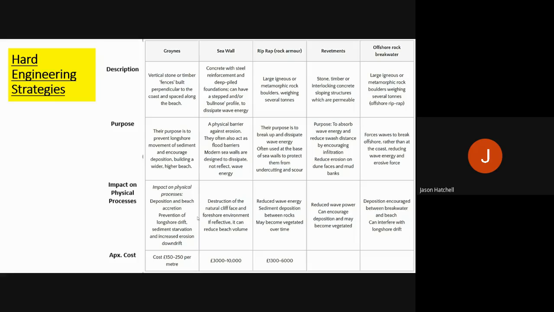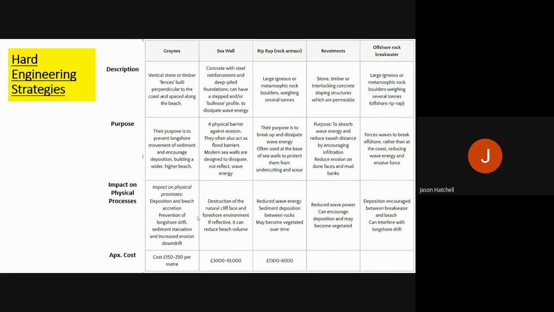Let's compare that with a seawall. A seawall is usually a concrete reinforced structure with a bullnose profile, so it tries to push the waves back out to sea. It's a physical barrier to stop floods along the coastline. It's designed to dissipate energy, to reduce energy of waves.